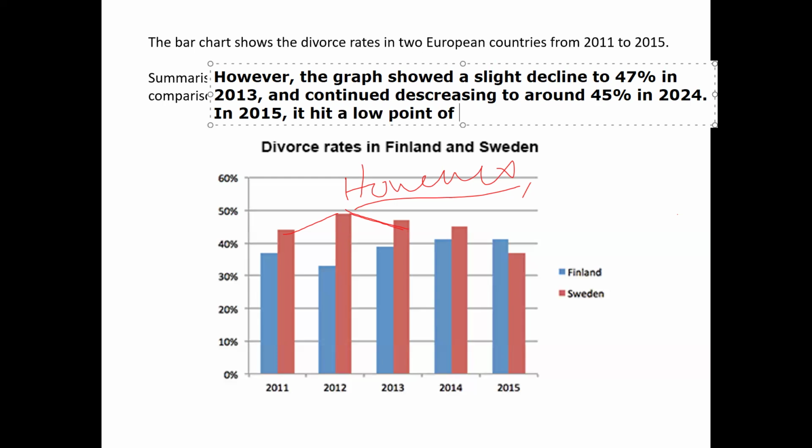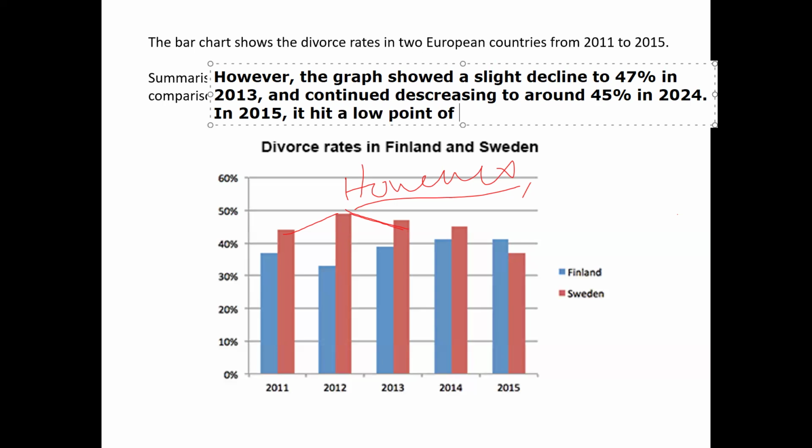Clear? So now here you have to write "low point of". Clear? Because the last point we have is the lowest point. Now how much is the low point? What is that? 37, maybe 36. Maybe 37. Near, so approximately 37%.